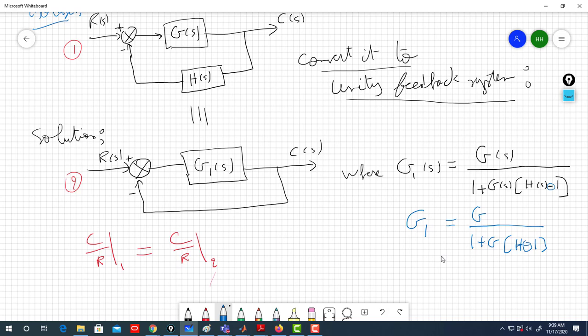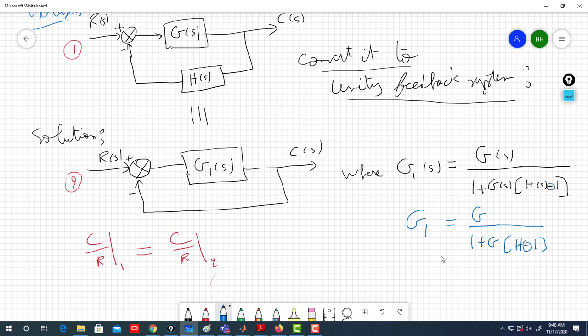I'm saying system 1 is equivalent to system 2, taking G1 equal to G over 1 plus GH minus 1. How to verify they are equivalent? You can find the closed loop transfer function for both systems.